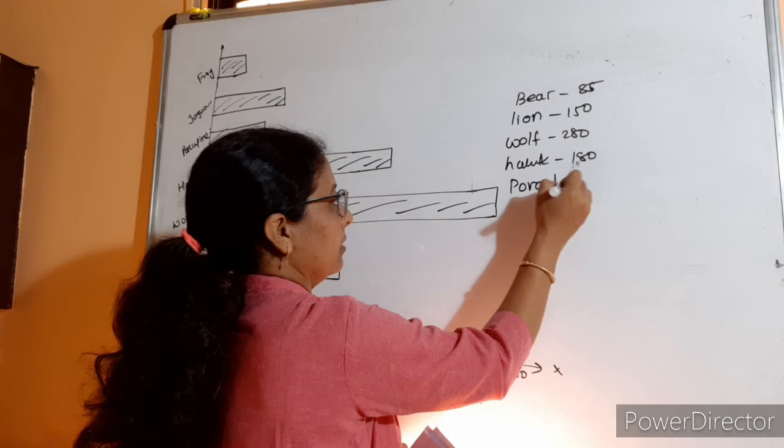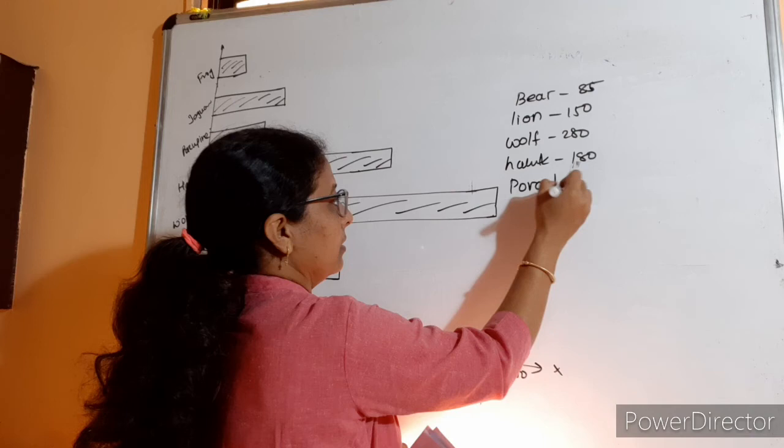Here, we write how many votes each got. First, the bear gets 75 to 100, so we can write 85 or 88, you can write any. Then the lion gets 150. The wolf is more than 275, so it is 280.